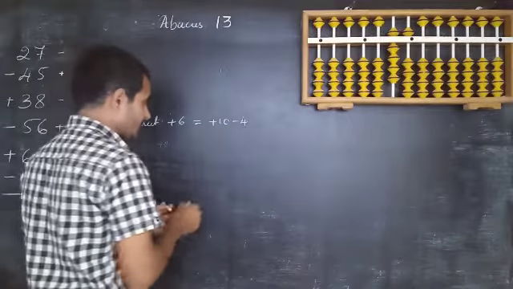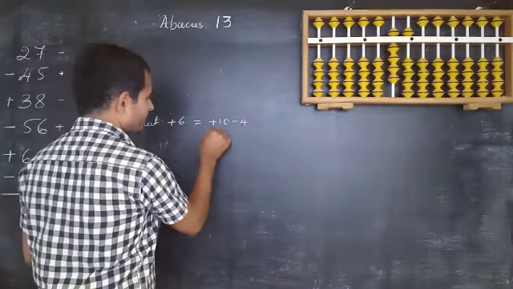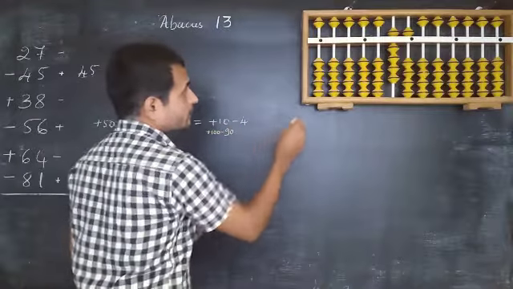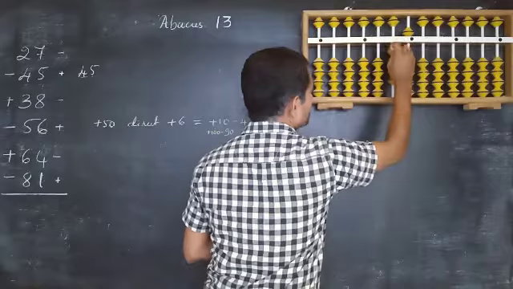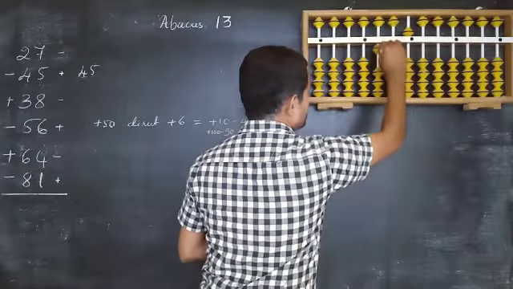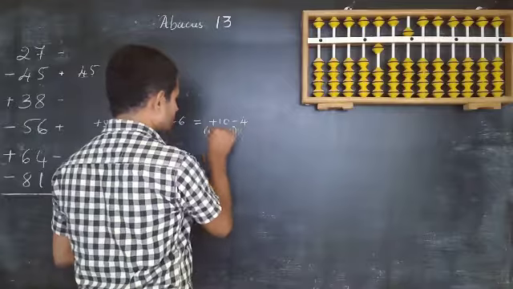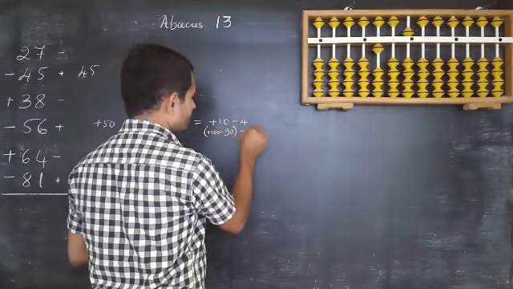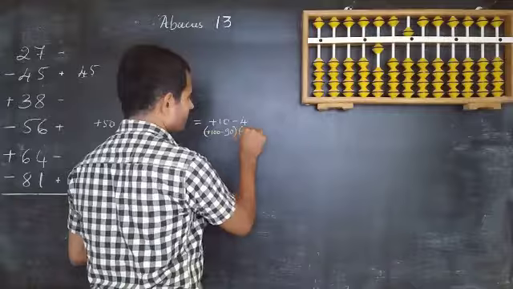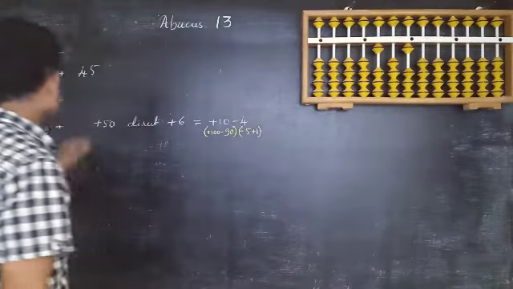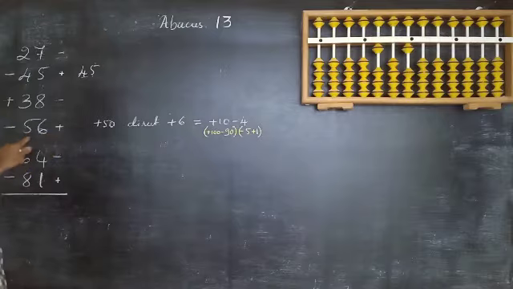Plus 10 is done indirect, plus 100 minus 90 minus 4 is equal to minus 5 plus 1. So 45 plus 56 is 101, right?